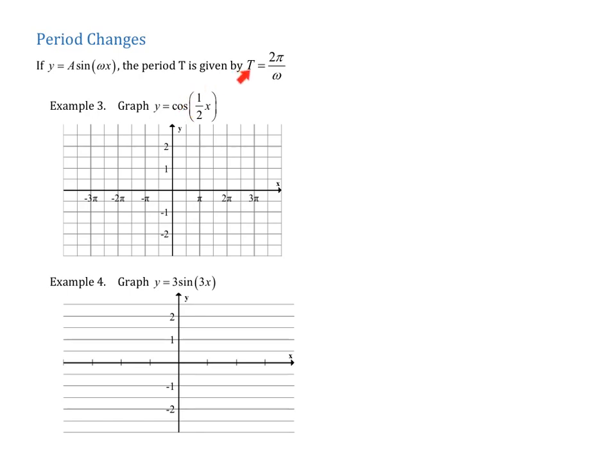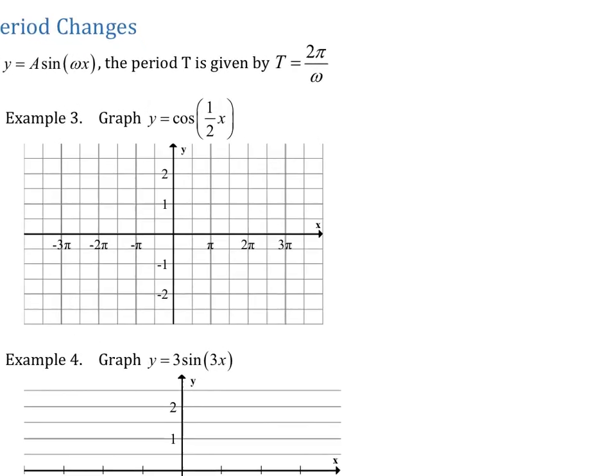So this formula actually does that for you. The formula for the period, which we call T, is given by 2 pi divided by omega. 2 pi is the normal sine or cosine period, and then we divide it by omega. Instead of multiplying by omega, we divide, and that's kind of taking care of that, doing the opposite thing.